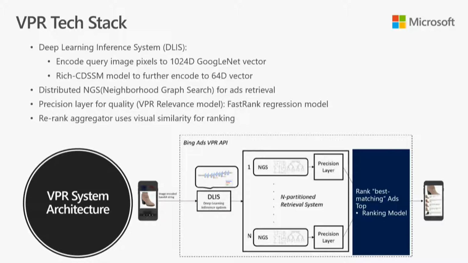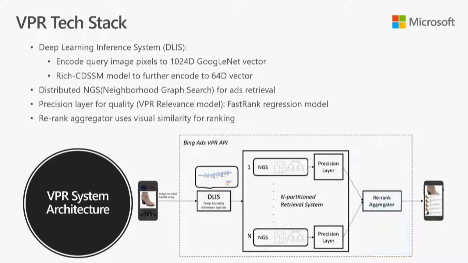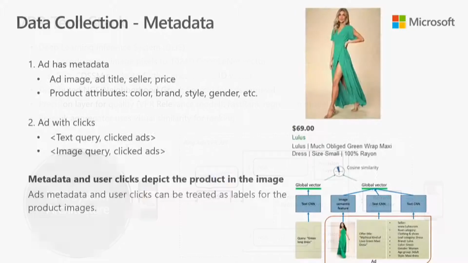Then we do distributed nearest neighborhood graph search for the ad retrieval. Then there is a precision layer, which is a relevance model to filter out the bad ads. After this distributed selection, we have a re-rank aggregator that uses visual similarity for ranking to select the top ones, which will be shown to users.